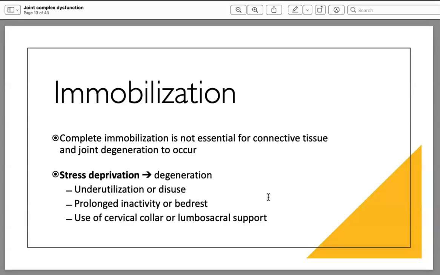Cervical collars, the research has come out over the past 20 years or so, where cervical collars are obviously and should only be used when it comes to concerns about stability of the cervical spine post-traumatic injury. Even things like lumbosacral supports, that was a big hot topic, right?